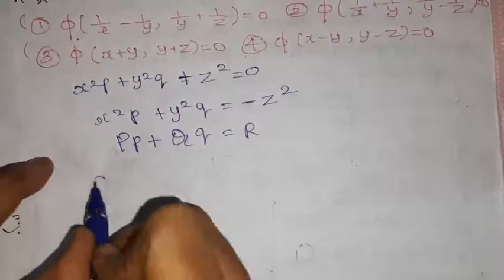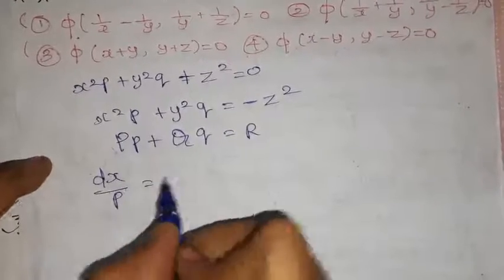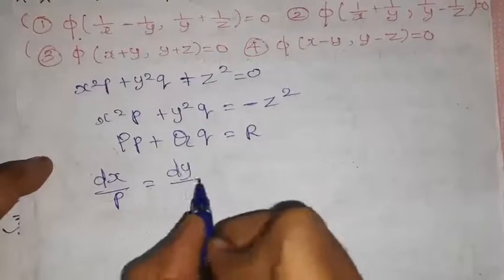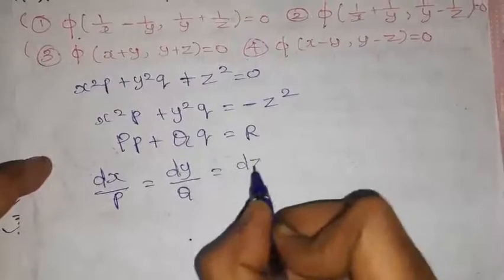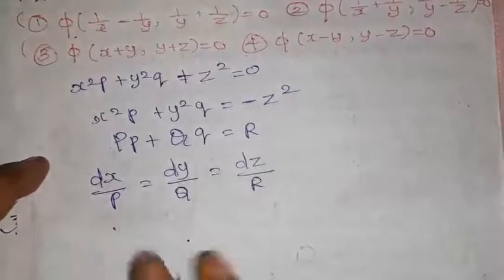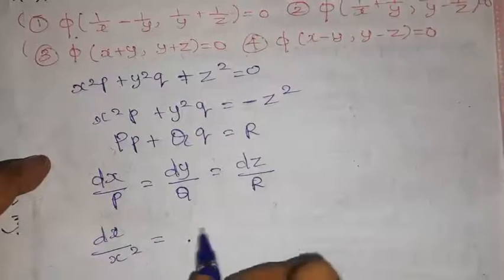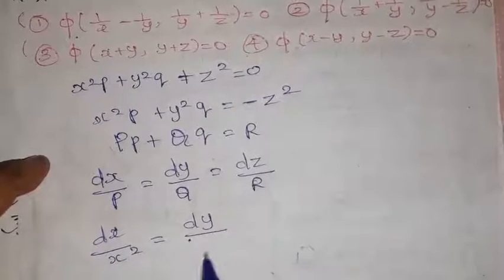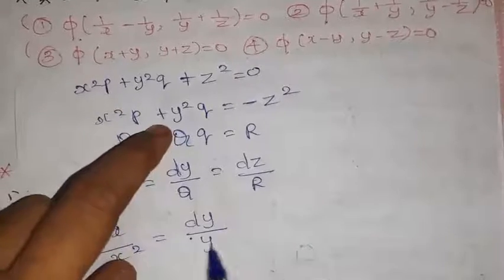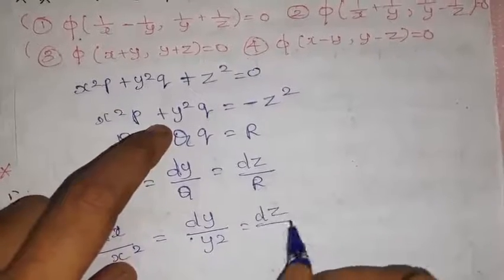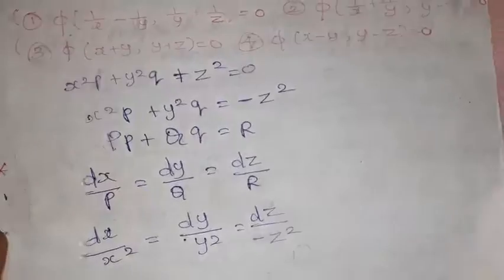Then what is the auxiliary equation? dx by P equal to dy by Q equal to dz by R. Substitute values: dx by x squared equal to dy by y squared equal to dz by minus z squared. So this is the ratio.